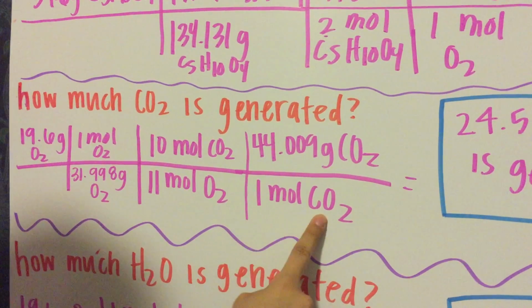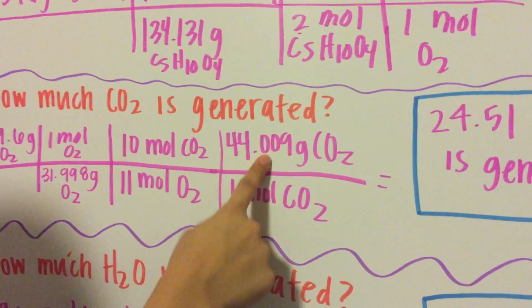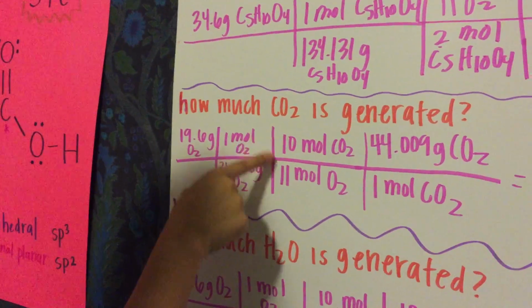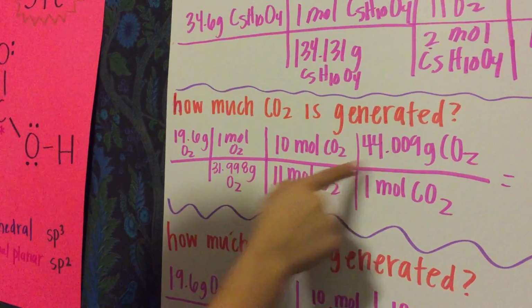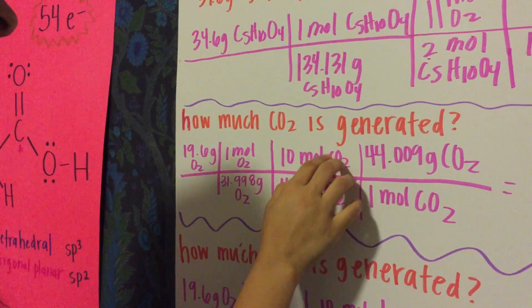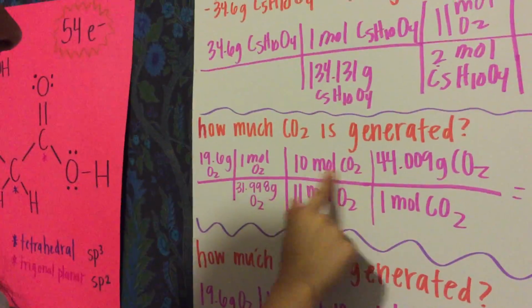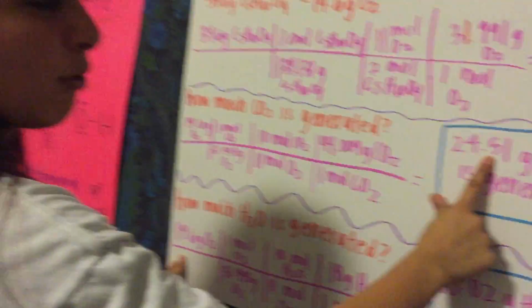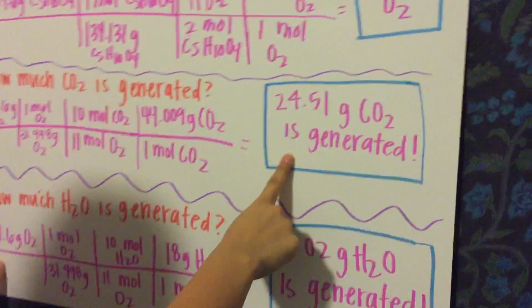And I did 1 mole of carbon dioxide weighs 44.009 grams. And I was able to cross out all these, what are these called? These little guys. You know what I mean. These thingies. And I got 24.51 grams of carbon dioxide is generated.